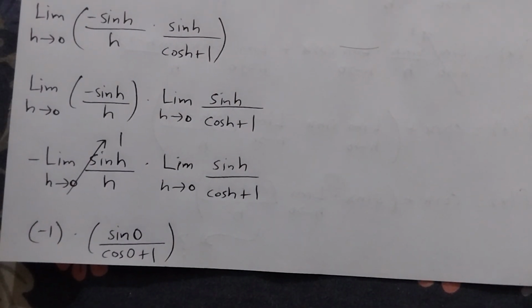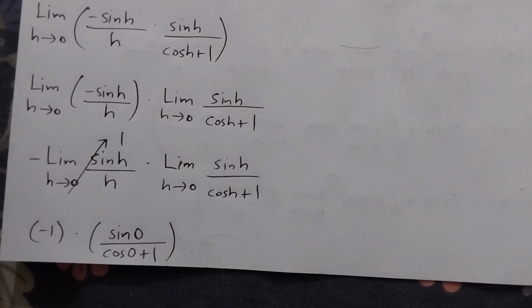We don't have any issues with this second limit, because if you put 0 in this limit, you don't get an indeterminate form or 0 in the denominator. So we just put the value h equal to 0 in this limit. We are left with negative 1 times sin 0 over (cos 0 plus 1).